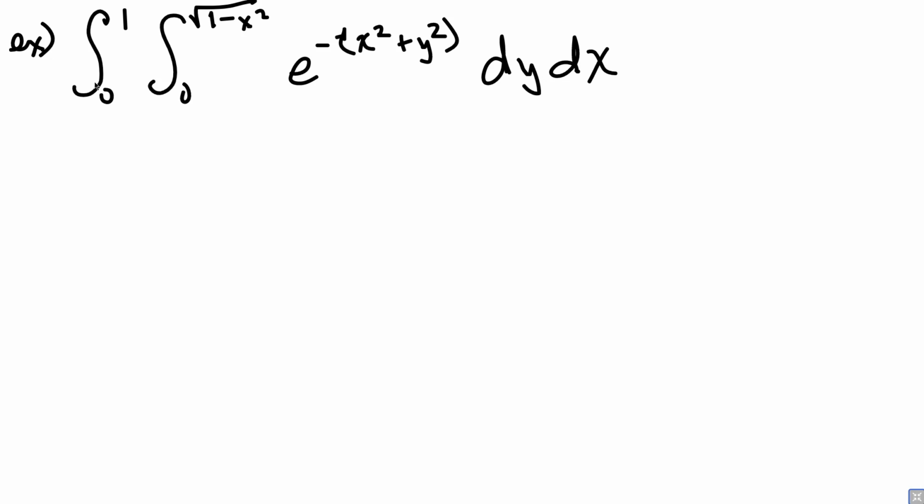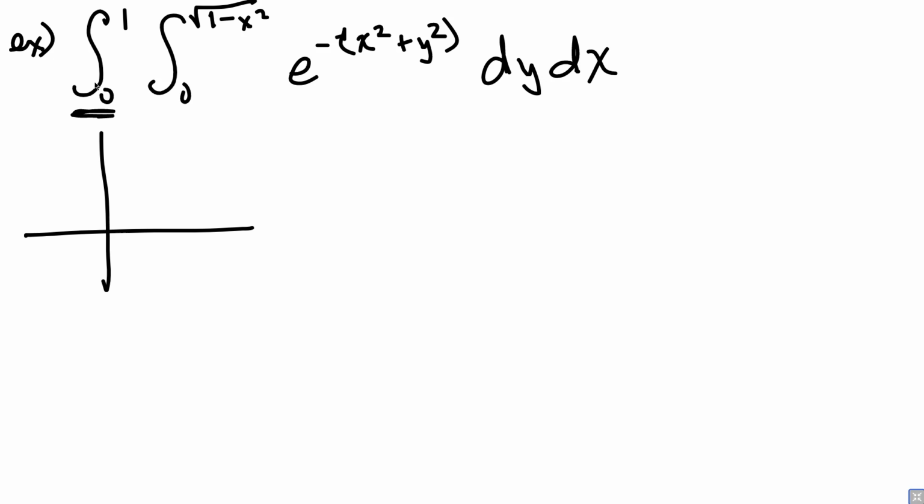So again, to help us convert it over, what we're going to do is use the limits of integration to sketch our region. For the outer, that's going to focus on what coordinate?